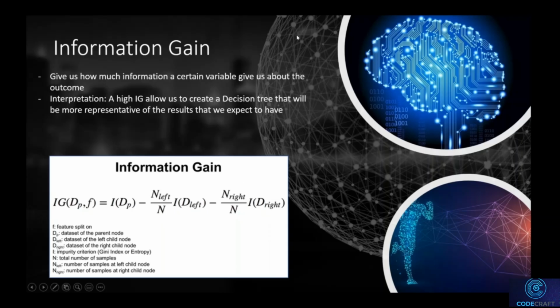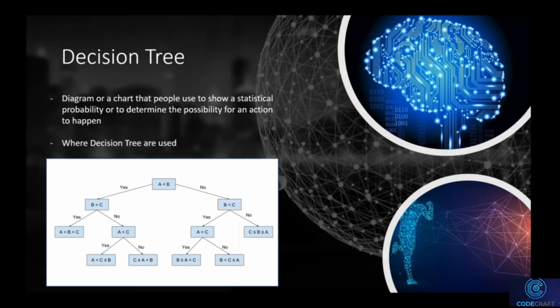But what does information gain do? It will give us how much information a certain variable gives us about the outcome. And to interpret it, it's pretty simple. A high information gain allows us to create a decision tree that will be more representative of the results that we expect to have. So basically, if we come back to our decision tree right here, and let's say this outcome right here has an information gain of 0.9.